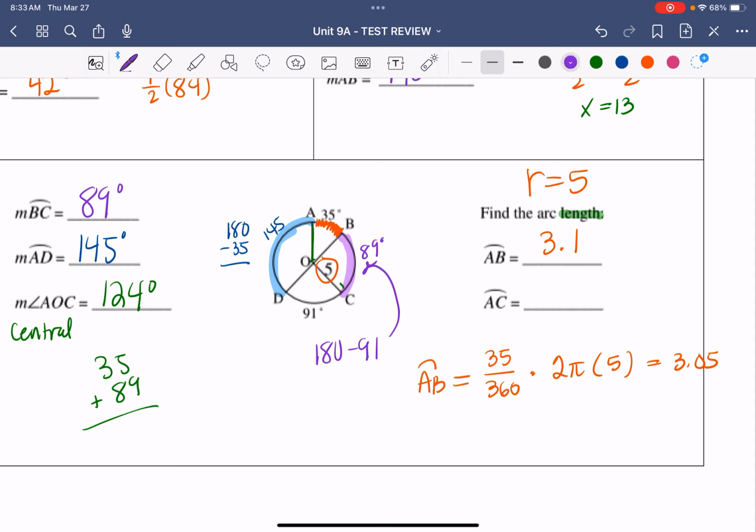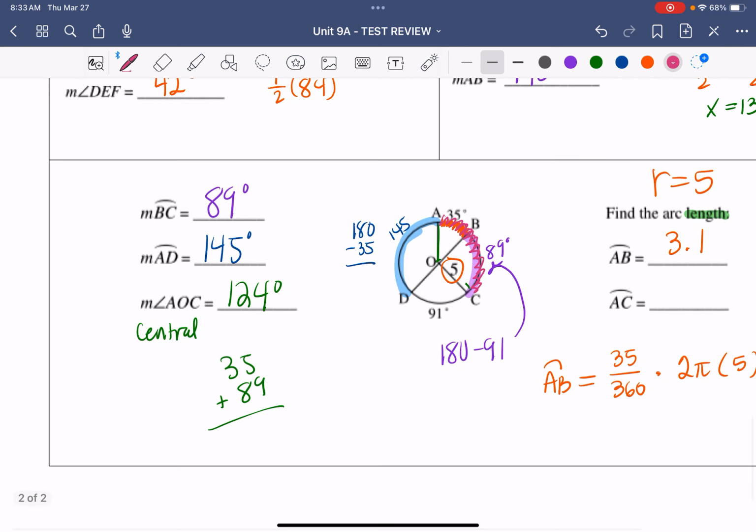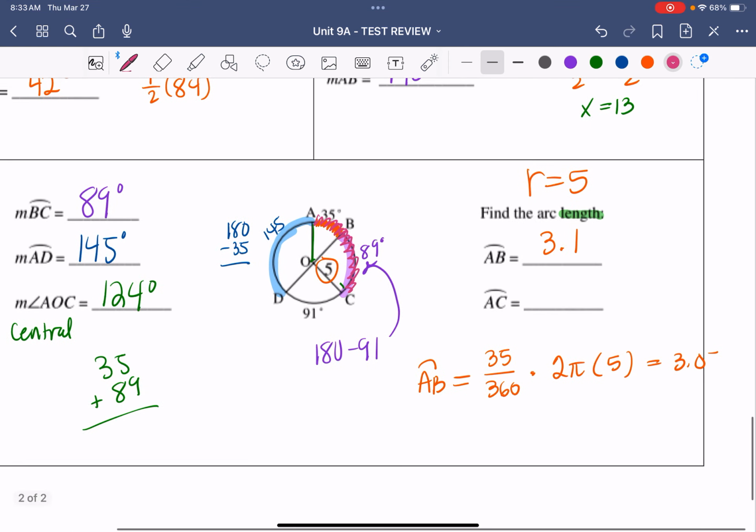Okay, and then for AC, so AC is this part. So for AC, it's the 35 and the 89. So I'm going to do 35 plus 89. So the measure of arc AC is 124.